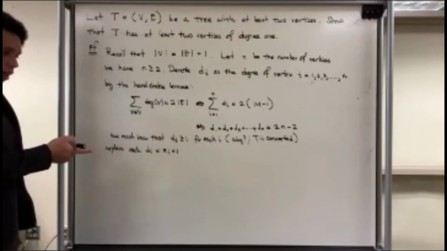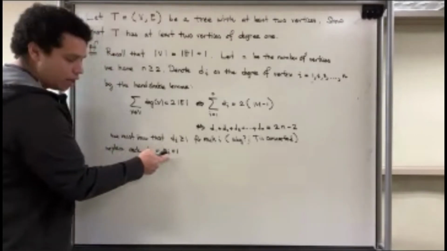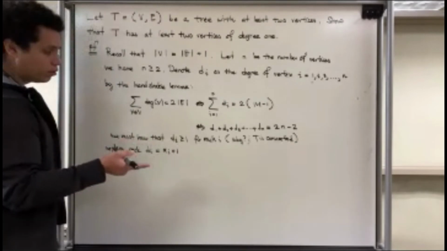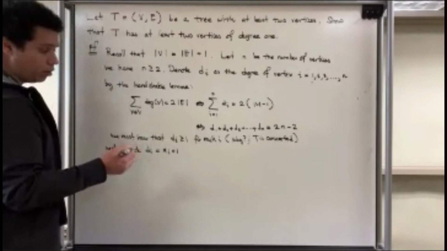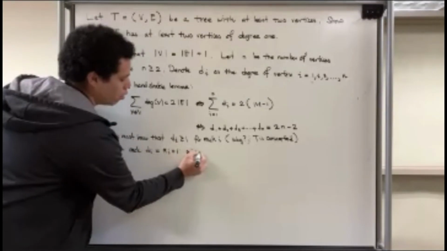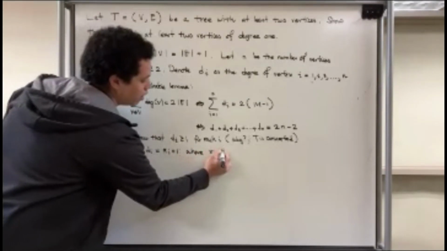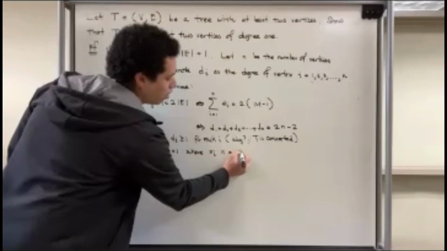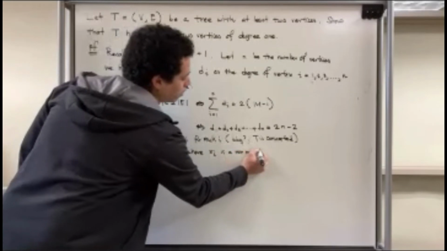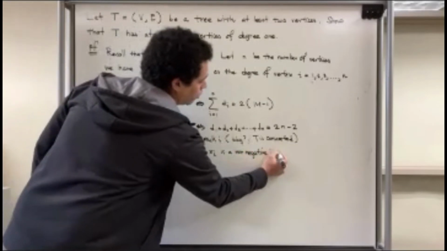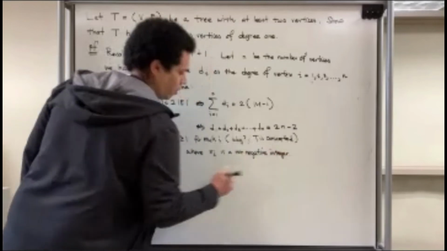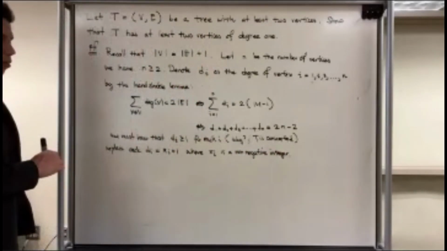Well, the thing is that now each x_i is going to be greater or equal to 0, where x_i is a non-negative integer. And it's just a change of variables.